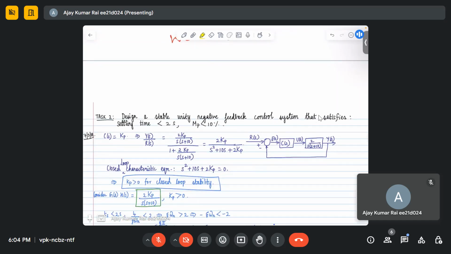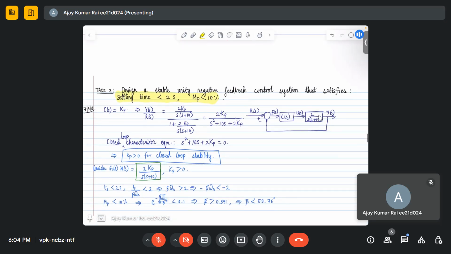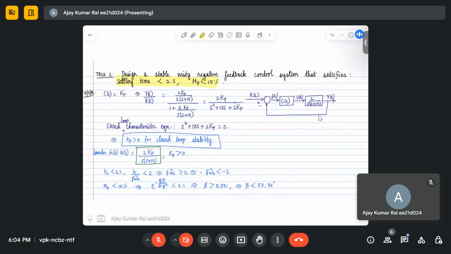These are the tasks: we have to develop the controller so as to satisfy these conditions. What we have to satisfy is the settling time and the maximum peak overshoot. How are we doing it? We are using the root locus that we have studied in the previous weeks.